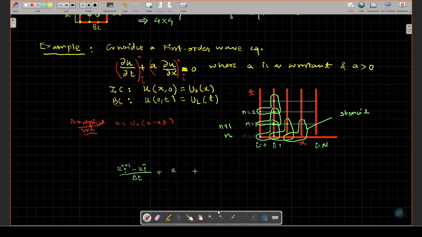And what about del u by del x at i? You can have a forward difference, backward difference, or a central difference. But in this case, a is greater than 0, so you have a right running curve. When you have a right running curve, you have only backward information, previous information.